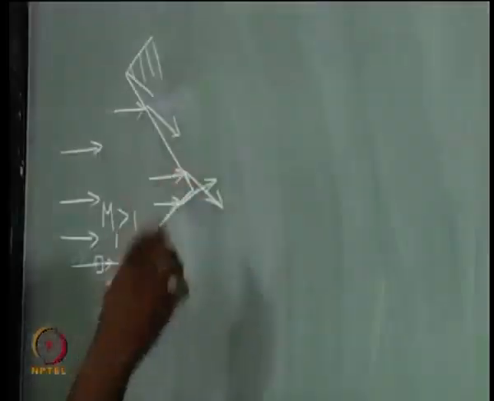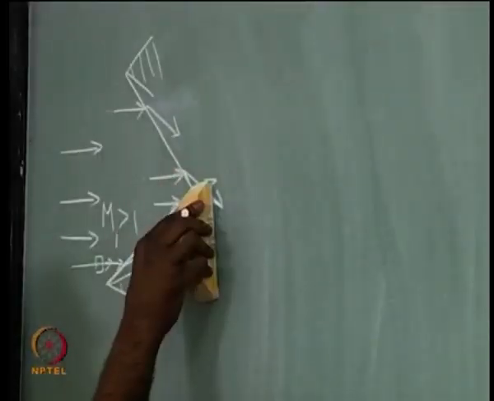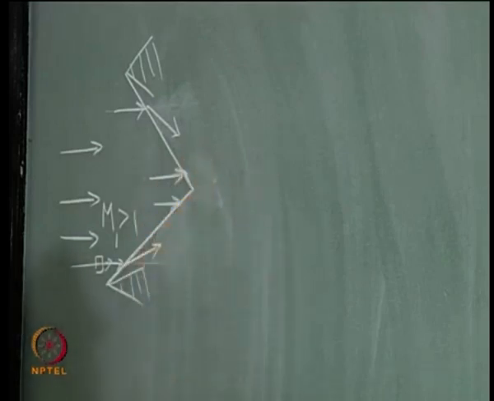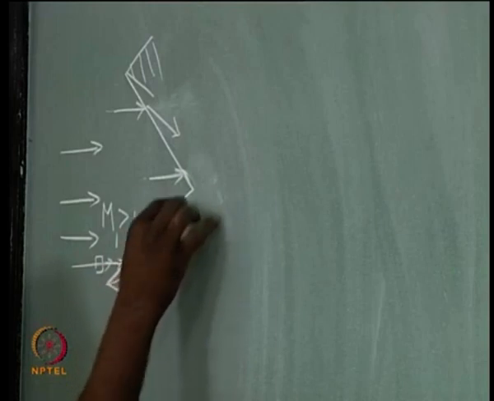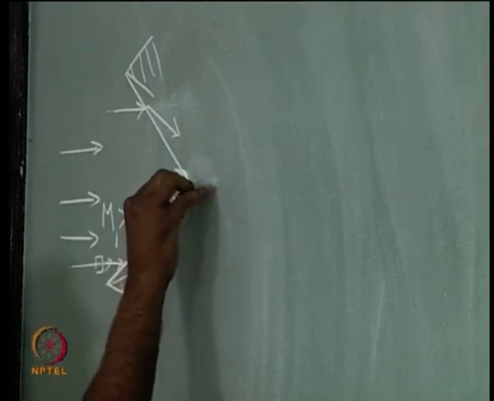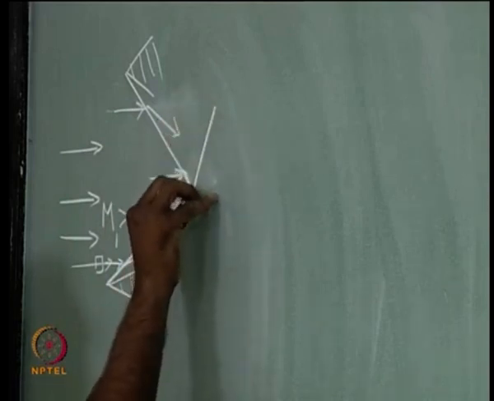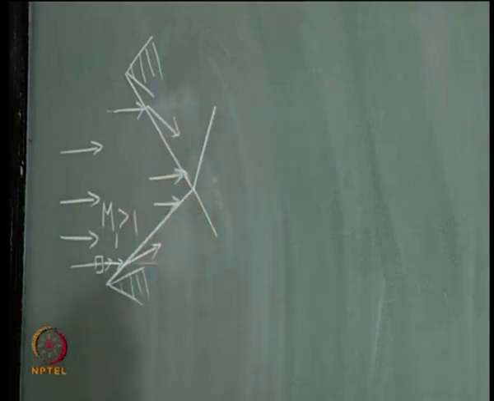So they will deflect in such a way that they will come to a new equilibrium. I will draw it in a particular way, we will explain it later. I will correct it a little bit, something like this, this is what will happen.